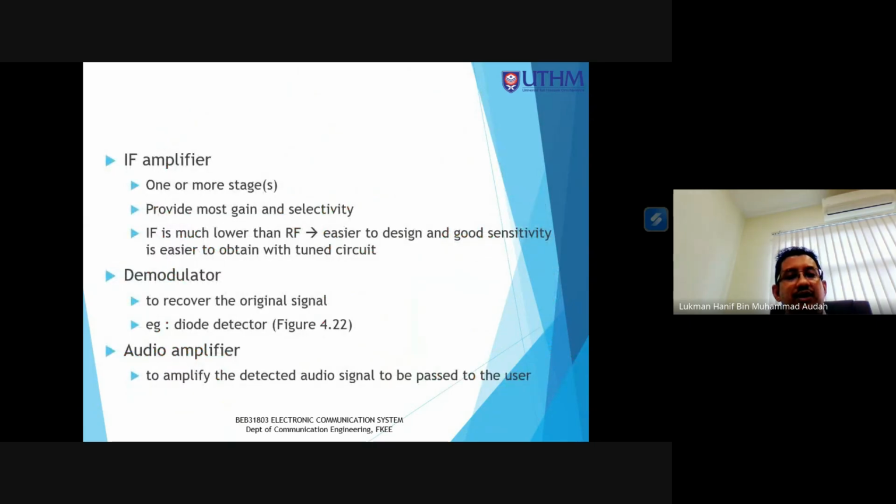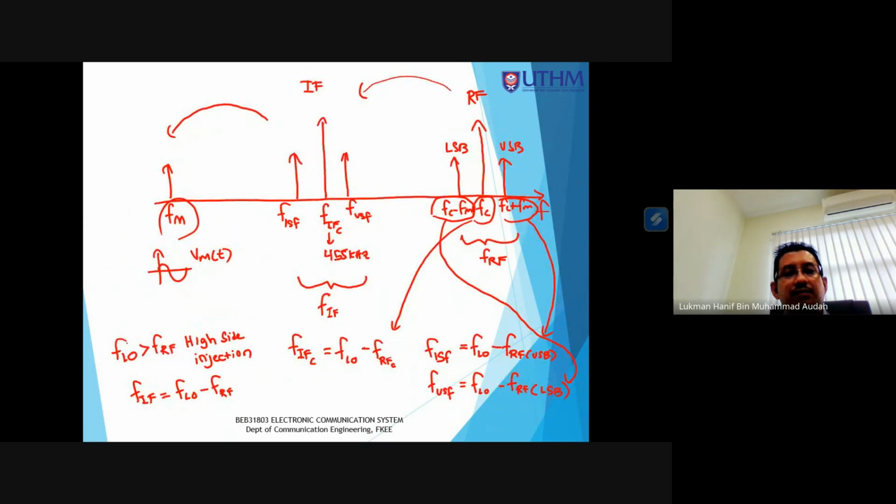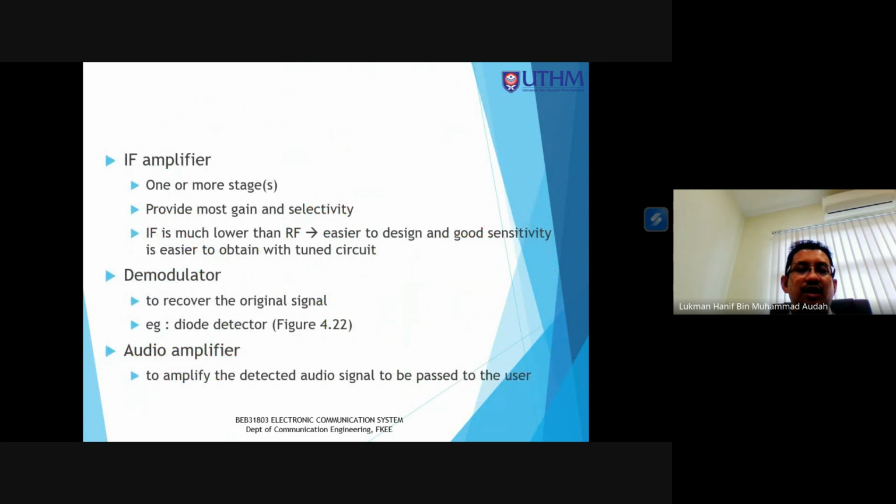And then we pass through the mixer. After mixer converter, we translate into intermediate frequency. In the intermediate frequency, if you see, we have IF amplifier, and we also have the band pass filter, right? So band pass filter will remove the unwanted frequency, and then we amplify the signal using the IF amplifier.